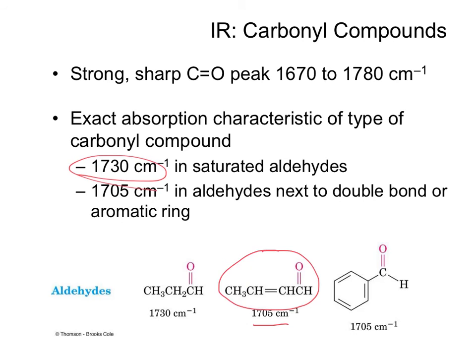you have an alpha beta unsaturated type of system, and that's showing up at 1705. On the other hand, if you have a saturated aldehyde, that's showing at 1730. Why is that? And if you're thinking resonance, you're right. Essentially, oxygen is going to pull electrons towards itself, and these electrons are going to have to move.